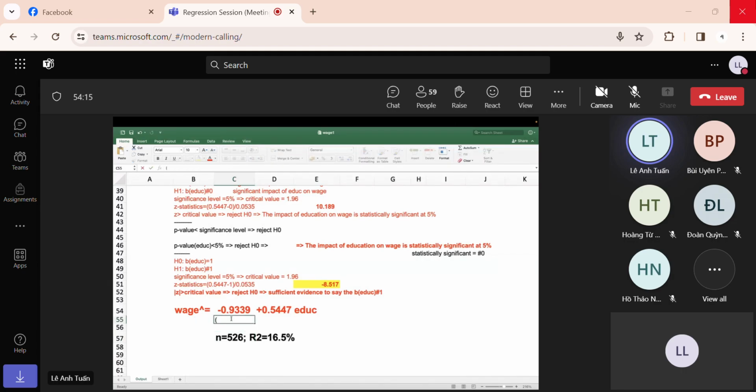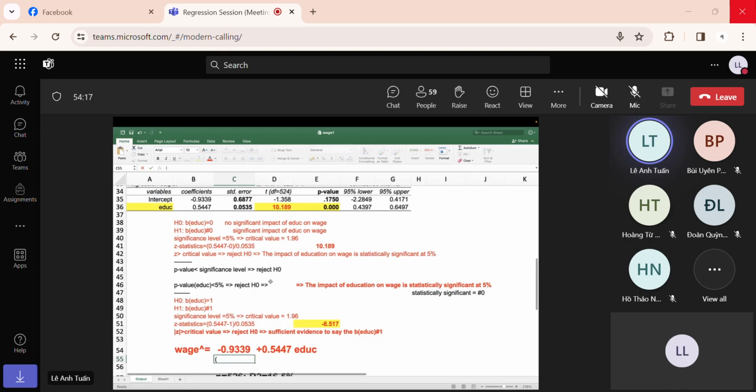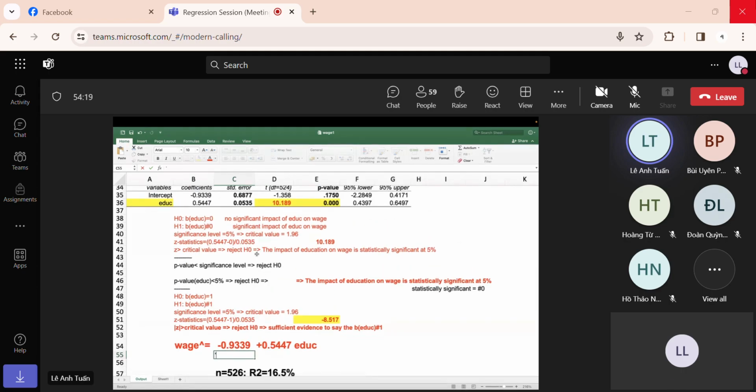The standard error for the constant is 0.6877, and the standard error for education is 0.0535.